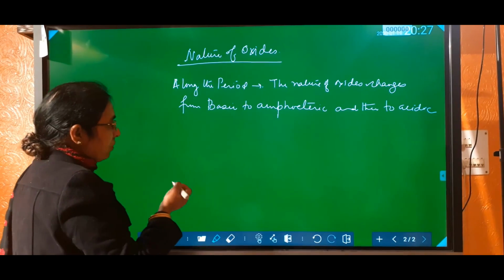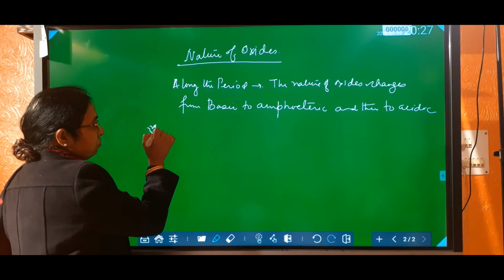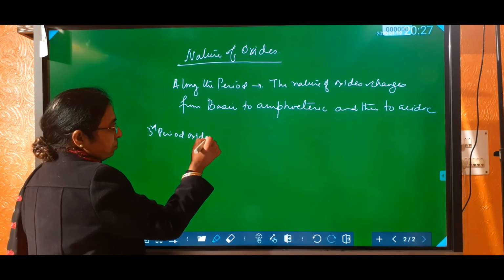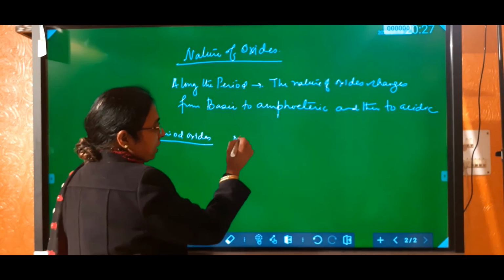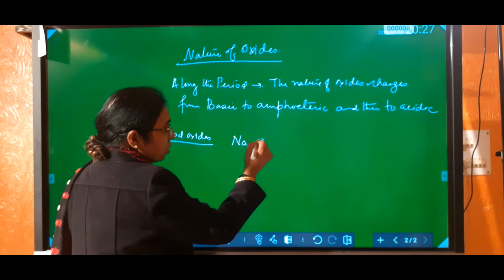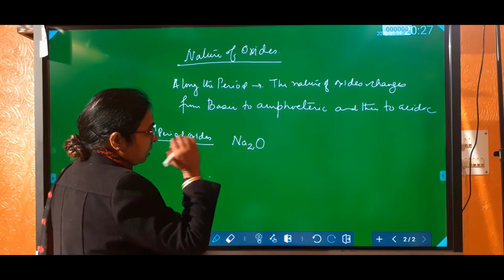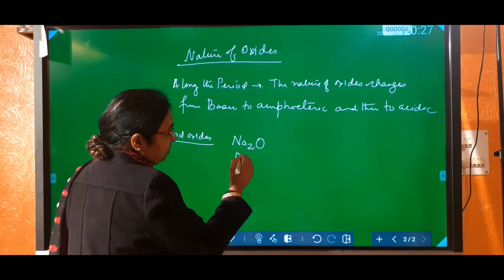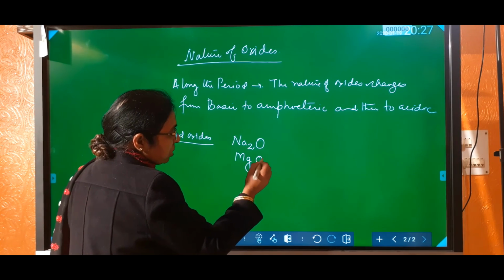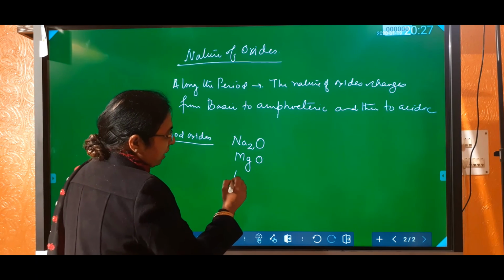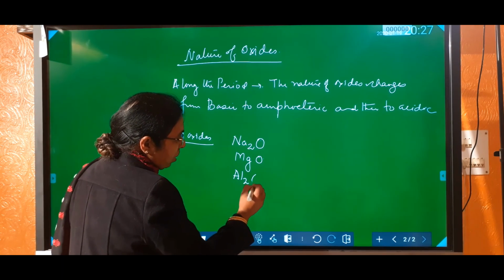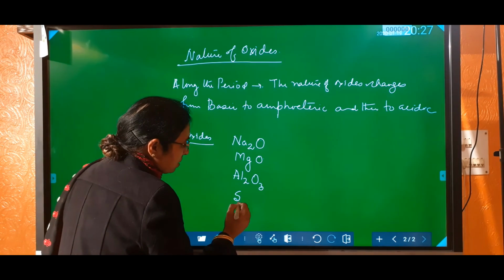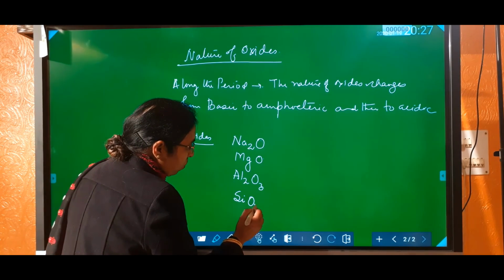Say for the third period, we have the first element, sodium oxide, then magnesium oxide, then Al2O3, and then SiO2.